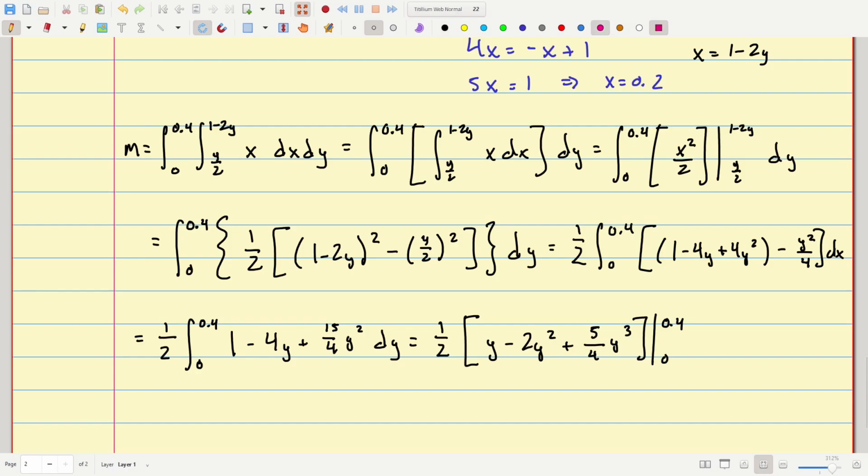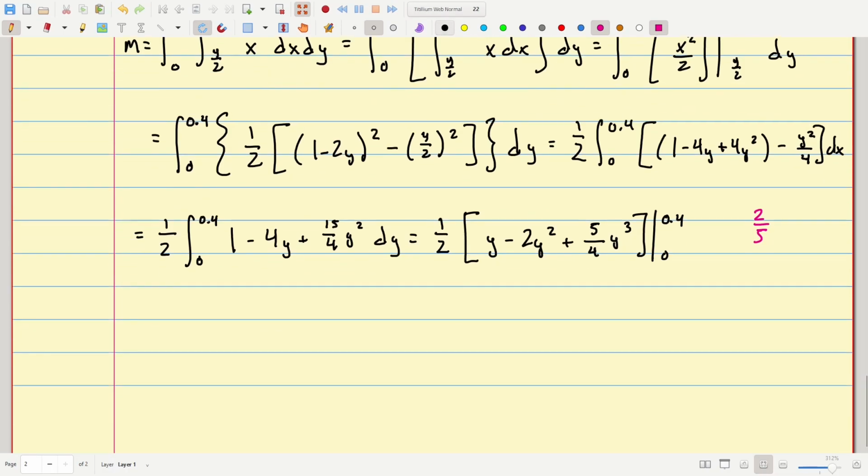It's probably easier if we think about 0.4 as 2/5. And then we can put all this in here. If I plug in 0, I'm going to get 0 because all of those terms have a y in them. So we're going to get 2/5 minus 8/25, because 2/5 squared and then times 2.